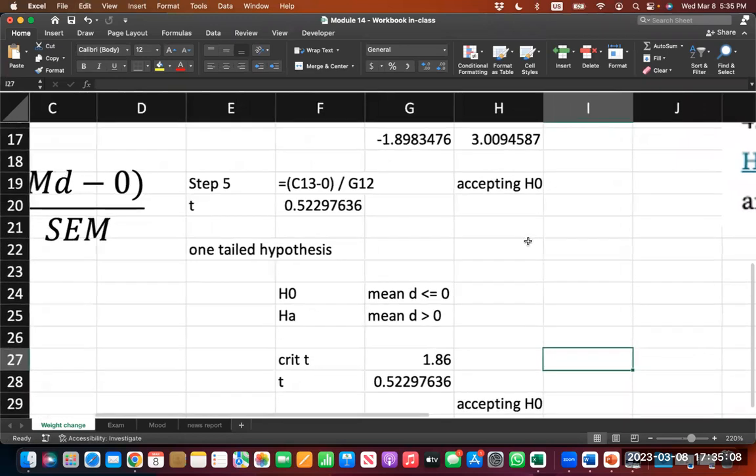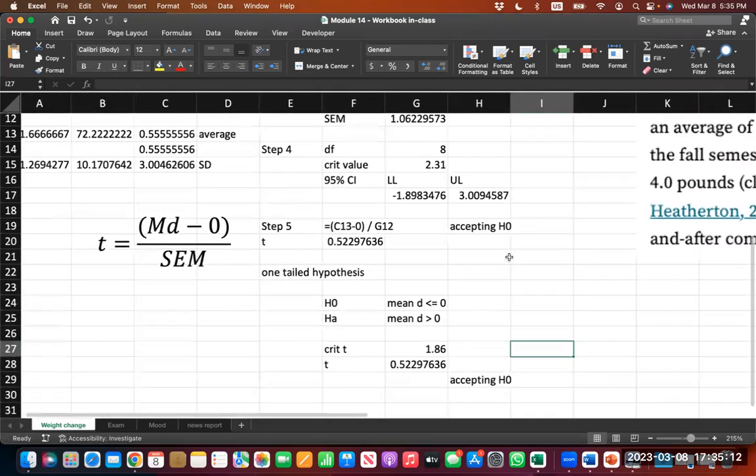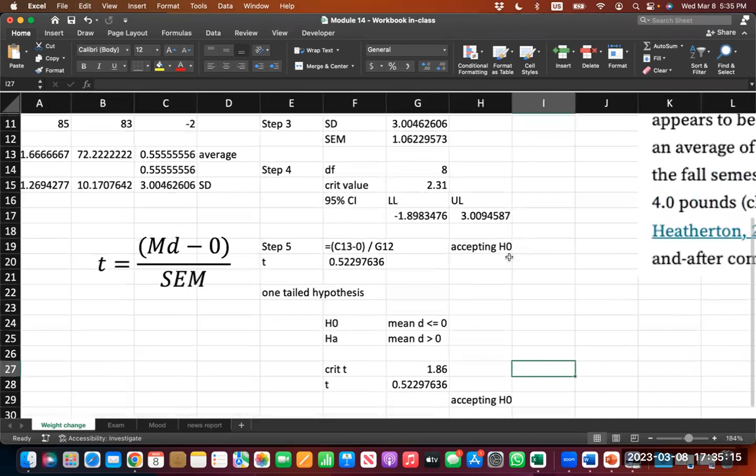So that's basically how easy that is. So this is our step 6. It's simple, right? It's not complicated. And this is, of all the tests, probably the most simple statistical test that we're going to do now in the second half of the semester.